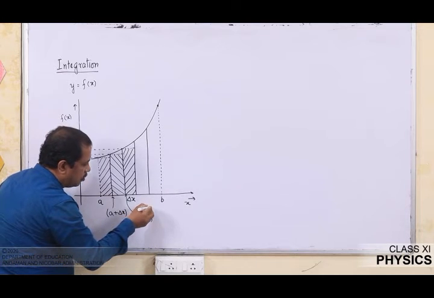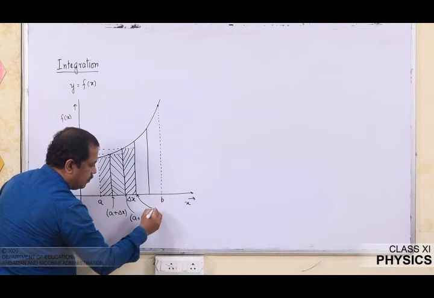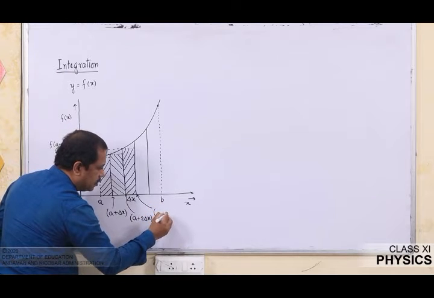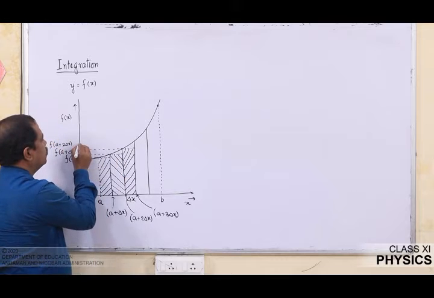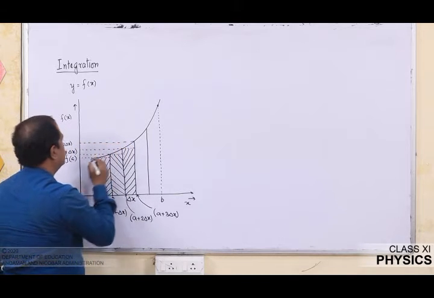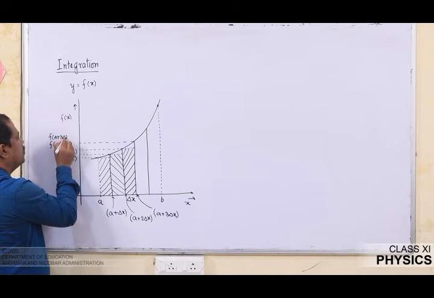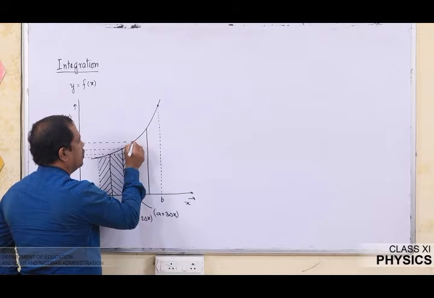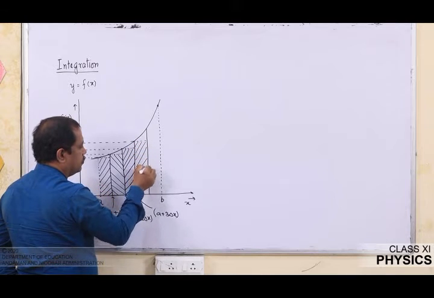Then here the value of x is going to be a plus 3 times del x, and the corresponding value will be f of a plus 3 times del x, and I can calculate the area of this strip.